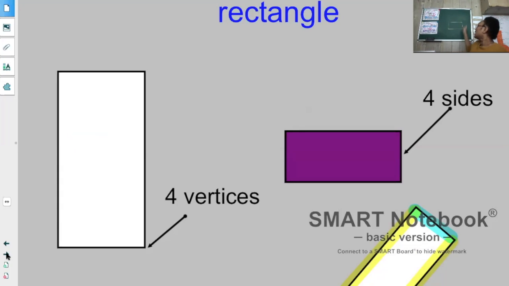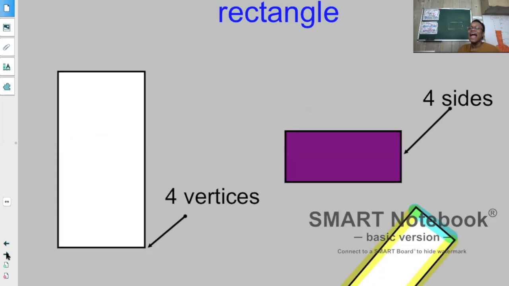So if we're looking at our rectangle, we see that it's a little bit different from our square if we were to compare the two. Now, first I want to count how many edges or sides my rectangle has. So let's do that together. 1, 2, 3, 4.